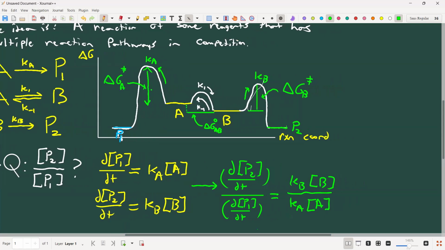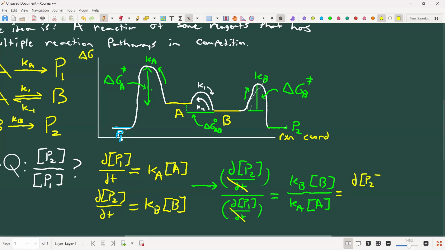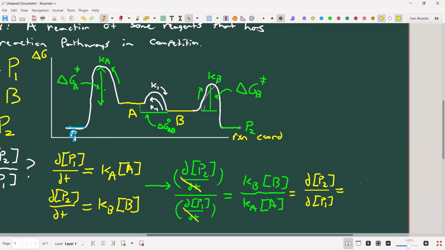Then this is per step. We could just roughly cancel out the dt's here. And we say that the change in P2 divided by the change in P1 is just equal to this ratio.